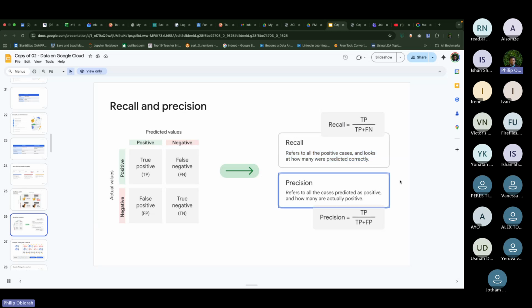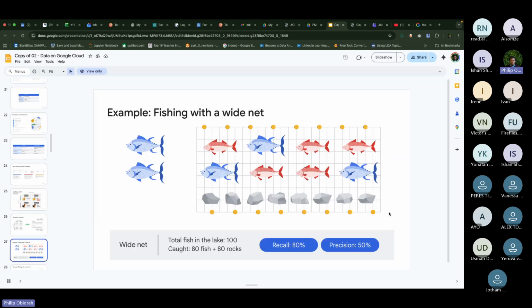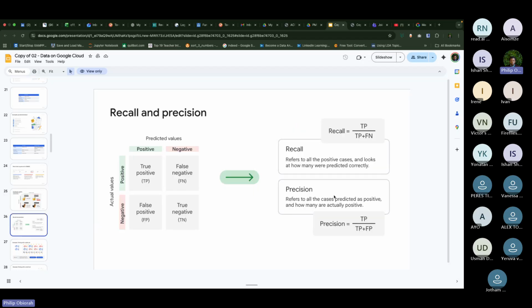But when it comes to fraud detection, let's say you have a finance app and you want to detect fraud. You don't want to tell someone that a legit transaction is fraud. You only want to be precise, and if you say that this is fraud, let it be fraud.